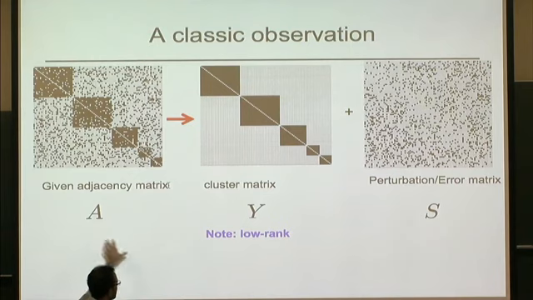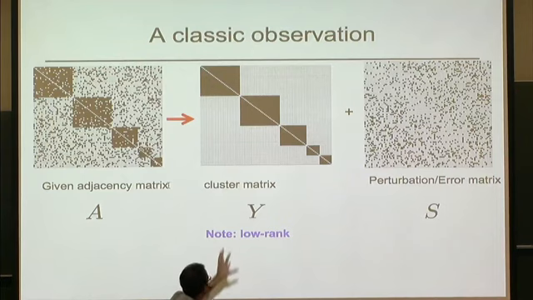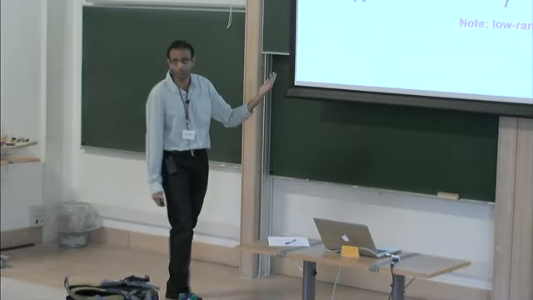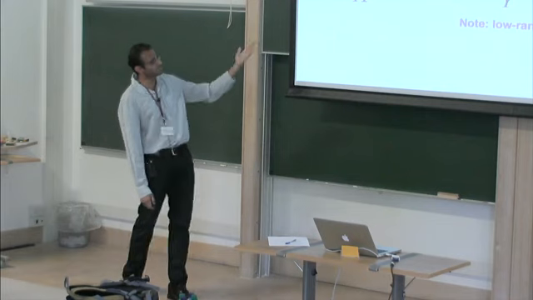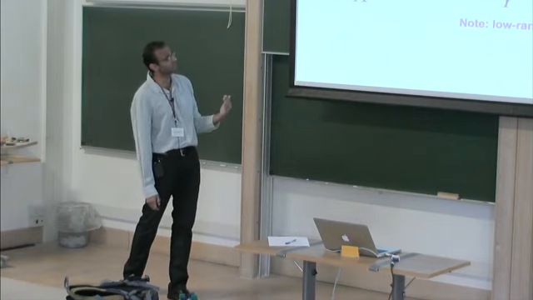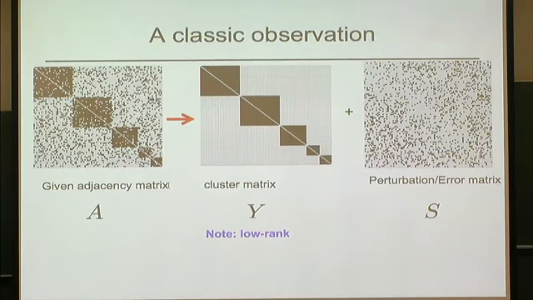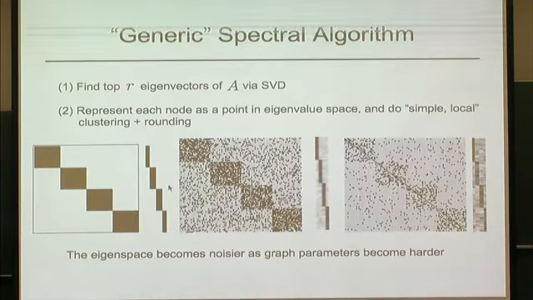Given this, we want to find this, but you can think of what we have as this plus error. So one way to view it is that the adjacency matrix is a perturbation of a low rank matrix. This is a classic observation, and it's the basis of what are called spectral algorithms for clustering. Here is a generic spectral algorithm.